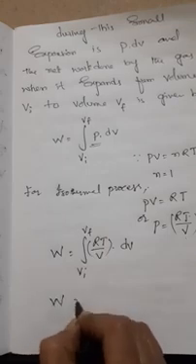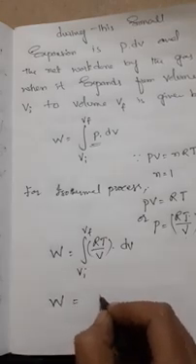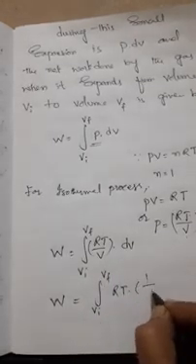Now we can write W is equal to the integral from Vi to Vf of RT into 1 by V into dV. Now we have to integrate this equation.